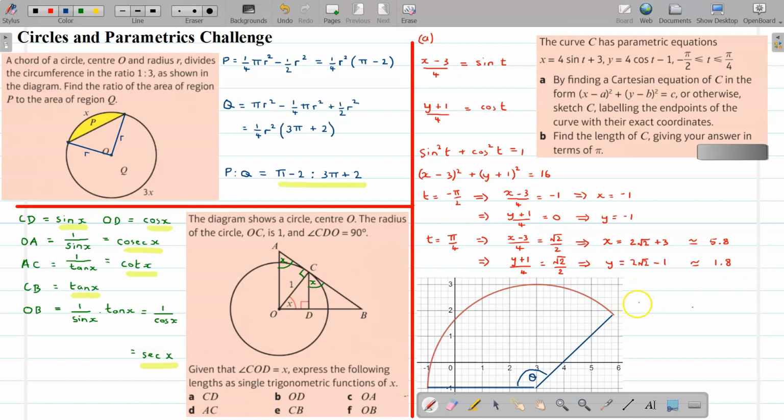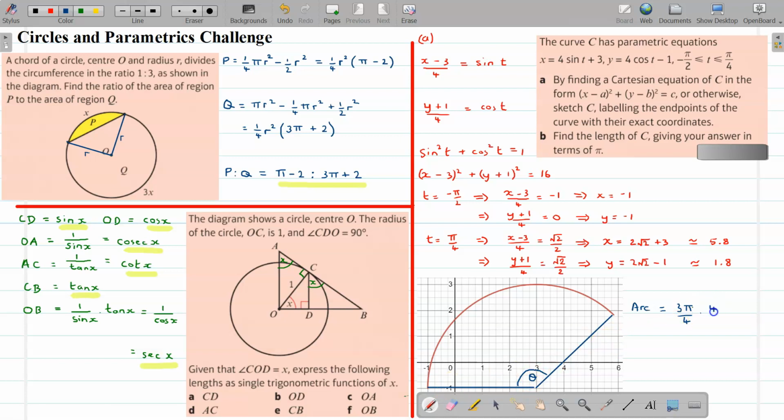So the arc length, that's the length of the red line, is 3 pi by 4, because pi is 180 degrees, so it's 3/4 of 180 degrees, times the radius, and the radius of the circle is 4.